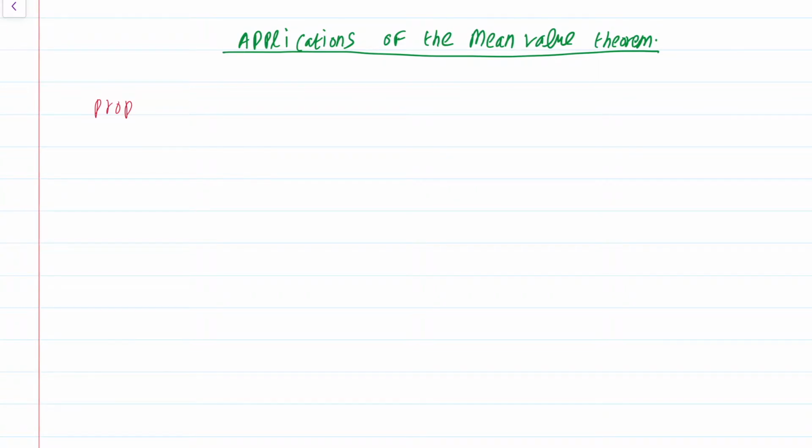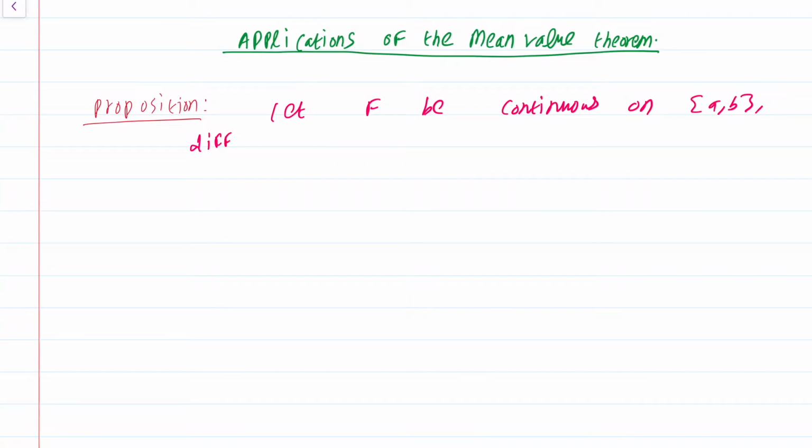Proposition. Let f be continuous on the closed interval [a, b], differentiable on the open interval (a, b), and of course a is less than b.